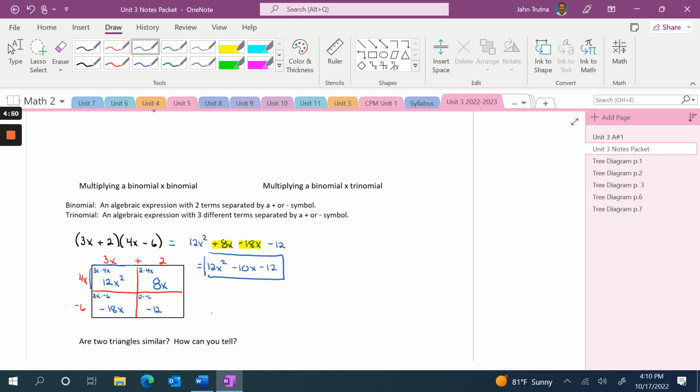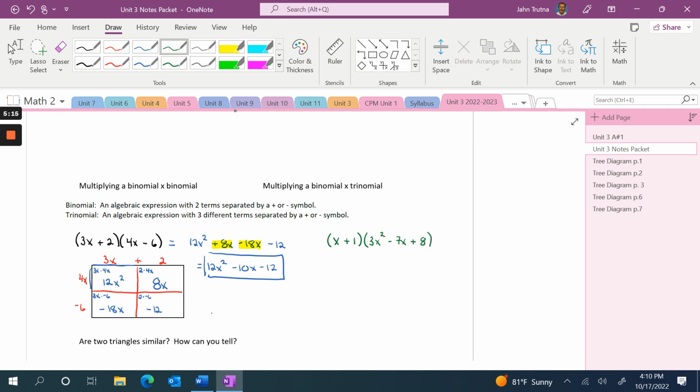Okay, the next example, multiplying a binomial times a trinomial. So here's an example of that. Let's say we have the binomial x plus 1. And then we're going to multiply it with the trinomial 3x squared minus 7x plus 8.